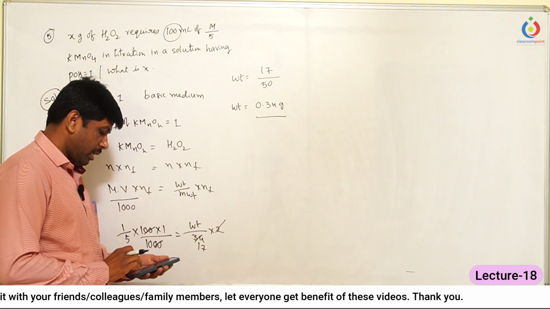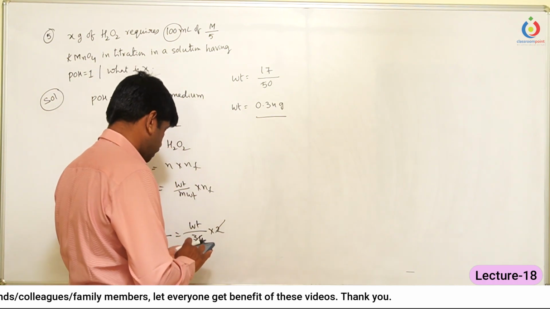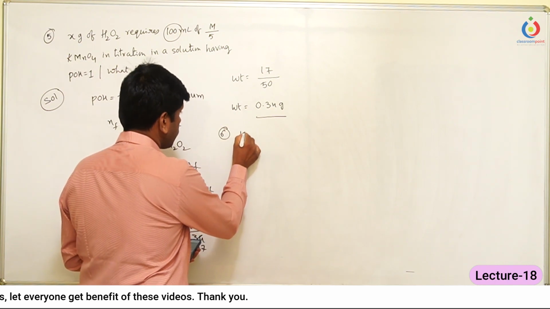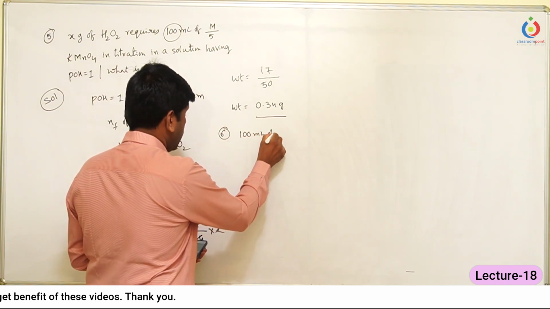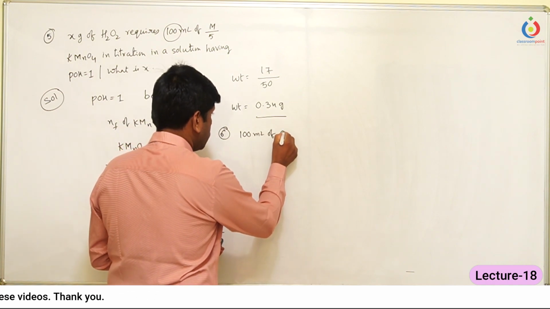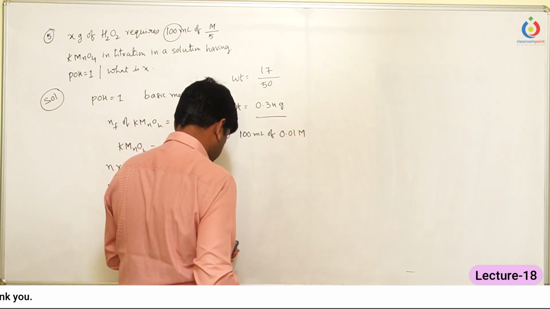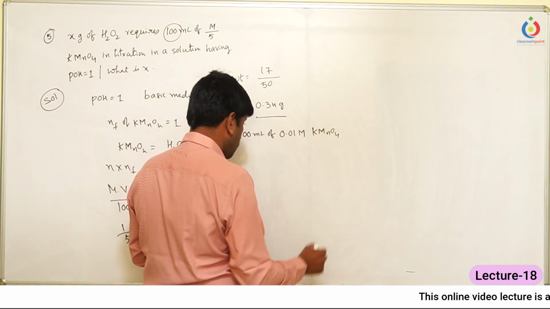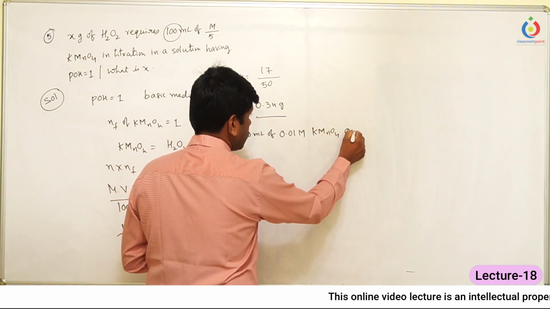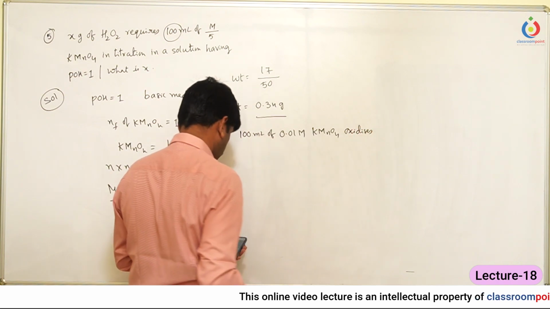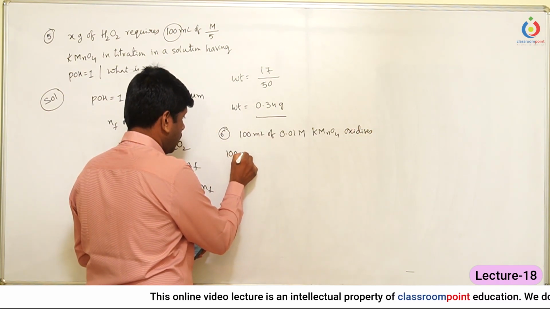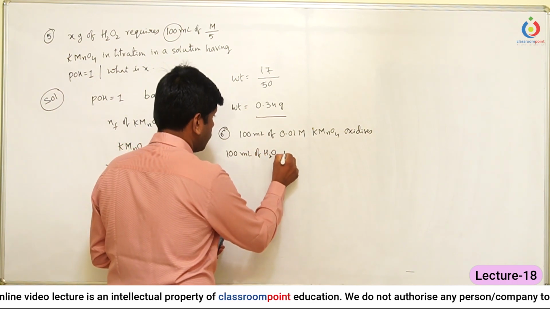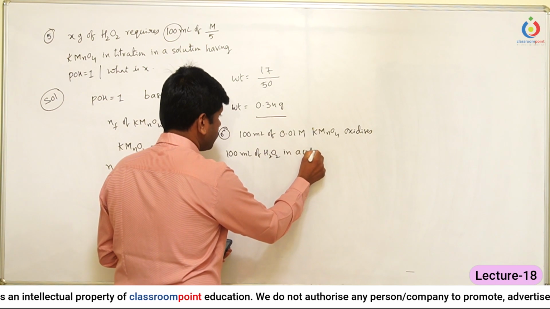So let's take another question to be solved. Question number 6. 100 ml of 0.01 M KMnO4 oxidizes 100 ml of H2O2 in acidic medium.